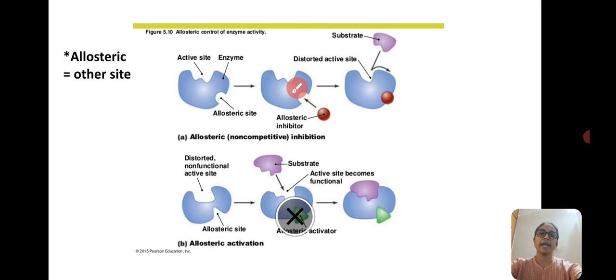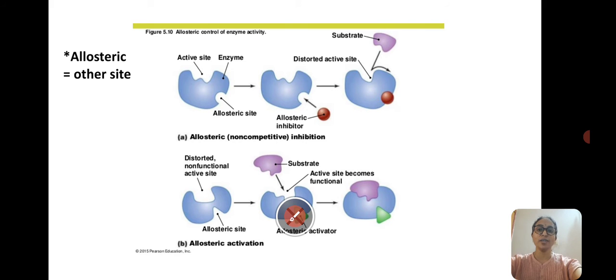Initially the active site will almost have a W groove, but here the active site will get distorted and it becomes only U-shaped, so that the substrate, that is L-threonine, fails to come and bind to the active site. Thus that enzyme is blocked, and we can see the distorted non-functional active site, and the allosteric inhibitor will be looking like this.